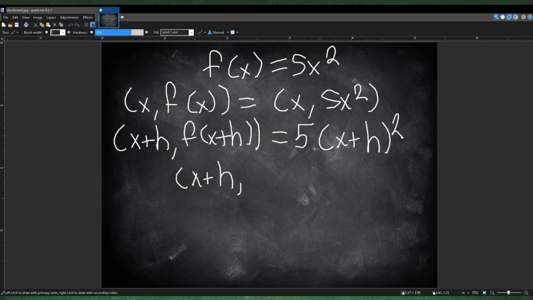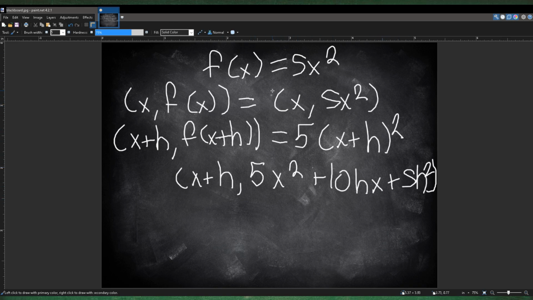If we expand this out, we have 5 times x squared plus 2hx plus h squared, so 5x squared plus 10hx plus 5h squared, because you multiply 5 to each of those terms.